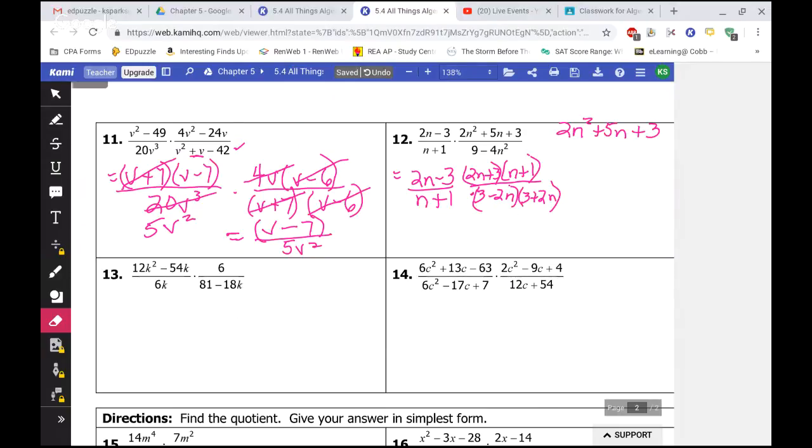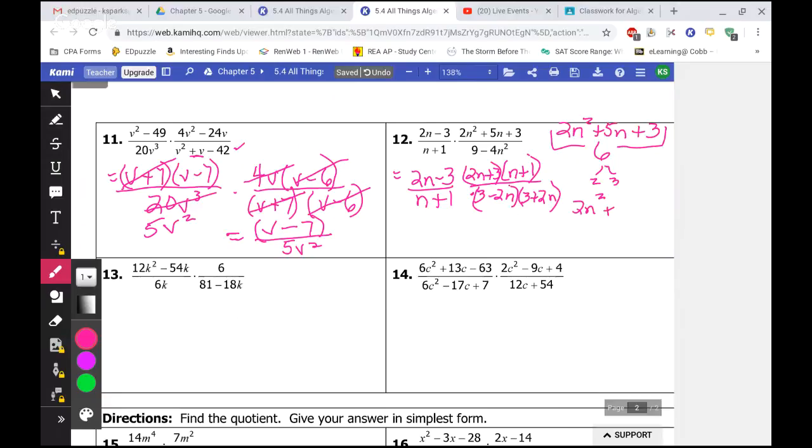So she would do it like this: the AC method comes to 6, and what are the factors that add to be 5? So she would do 2n squared plus 2n plus 3n plus 3. And then she would do grouping.